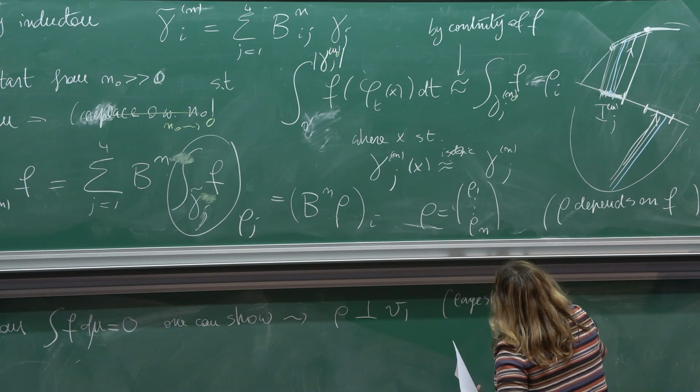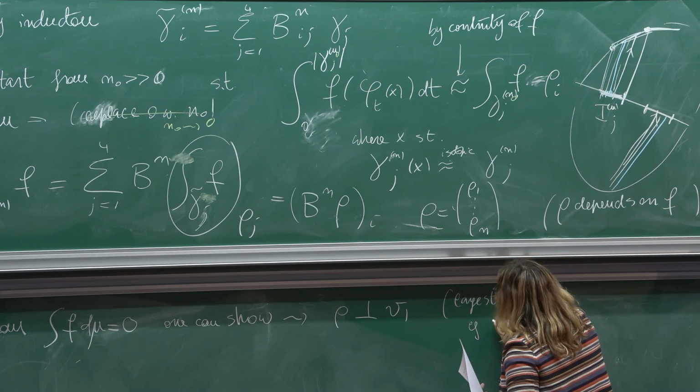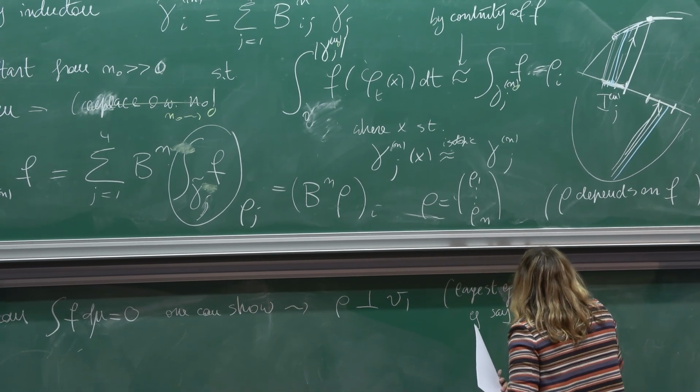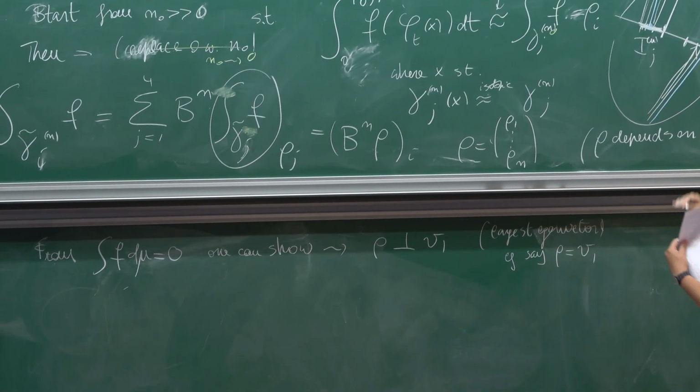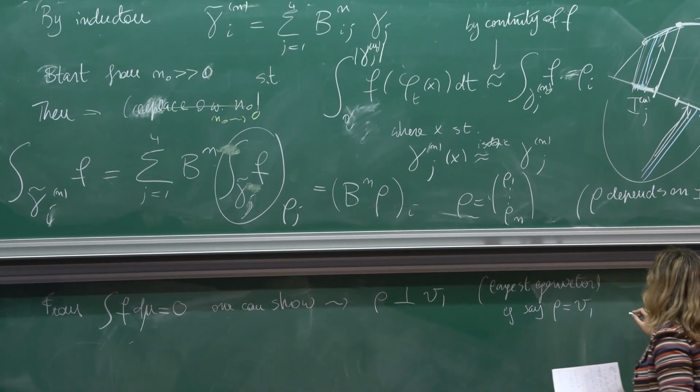And maybe, just not to leave you wondering, say that rho is exactly equal to V1, so that the coefficients that give you the integrals of the function are really the entries of the first eigenvector.